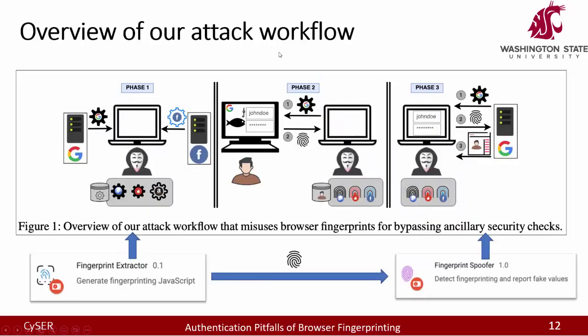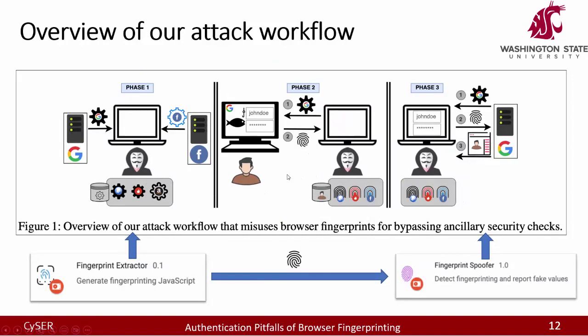So this is an overview of the attack workflow. At the first step, the attacker will visit the target website, a banking website. At this stage, the attacker will learn what fingerprints are actually collected by this target website.